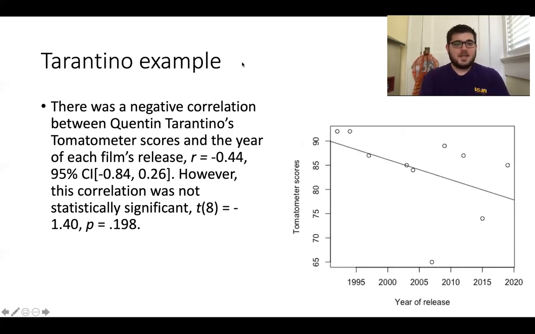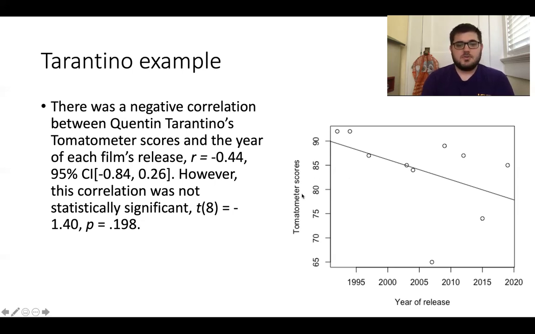So I had y'all do a Rotten Tomatoes example where you looked at just the tomato meter scores themselves. Here we have a correlation between tomato meter scores and the release date of the movies, and this is for Quentin Tarantino.